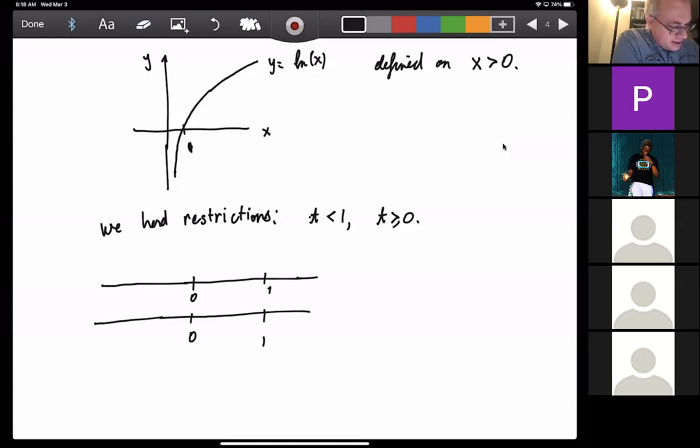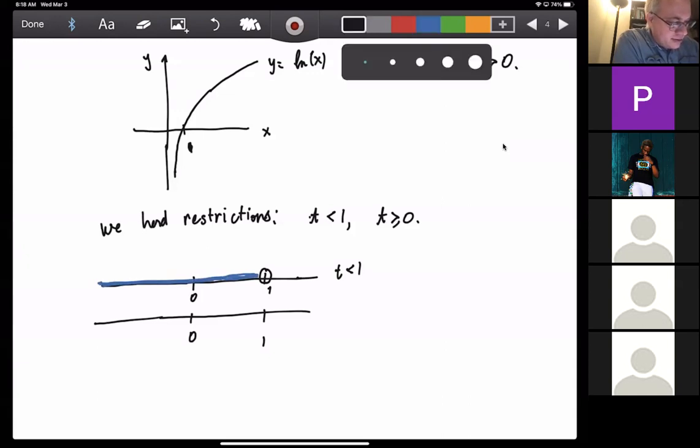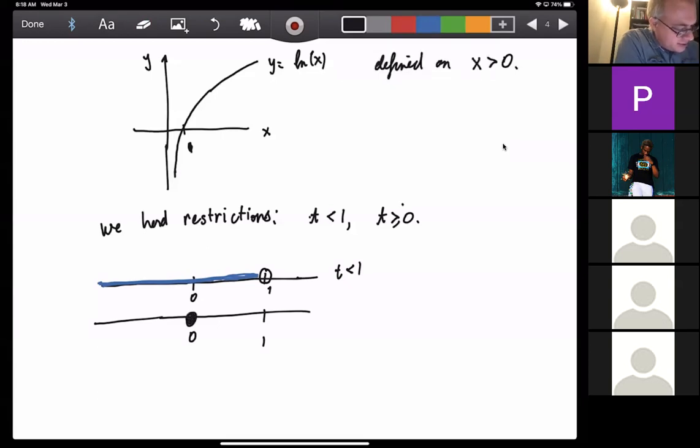So how about this restriction t is less than 1? Well, that's going to consist of this part of your line. What about t is bigger than or equal to 0? Well, now we include the endpoint, or let me use another color here. This was t bigger than or equal to 0.